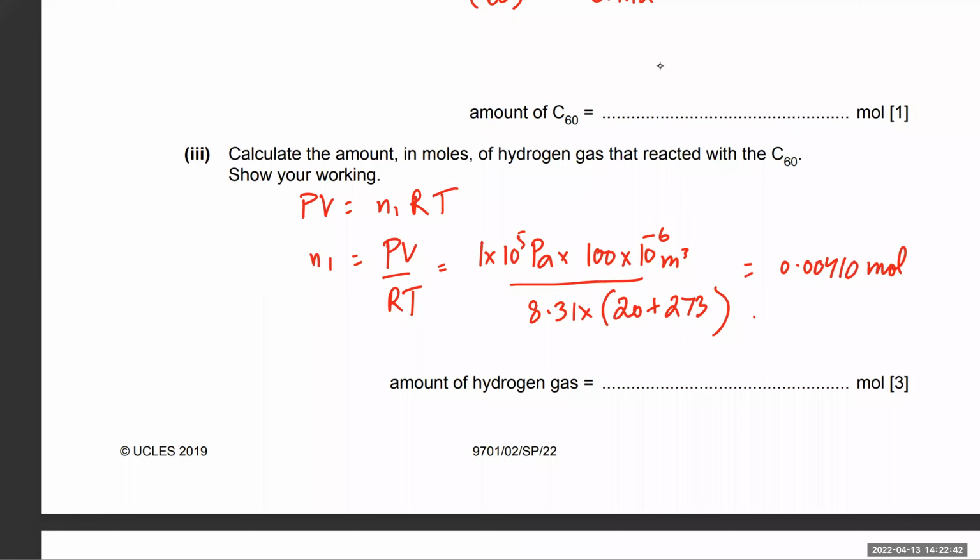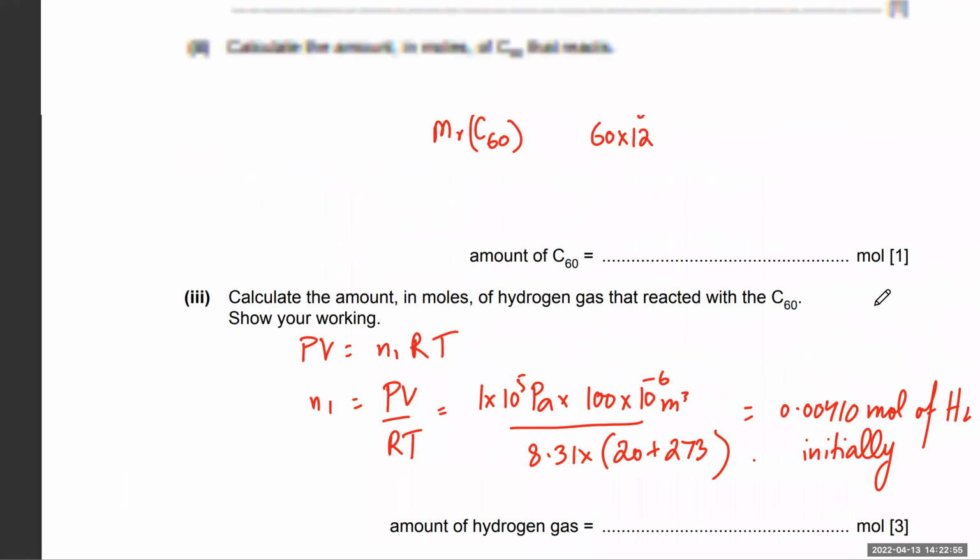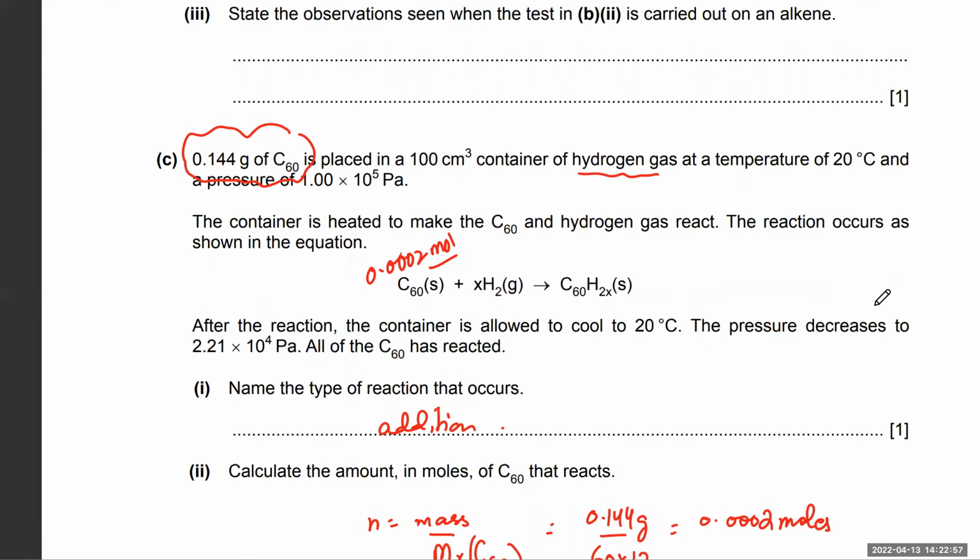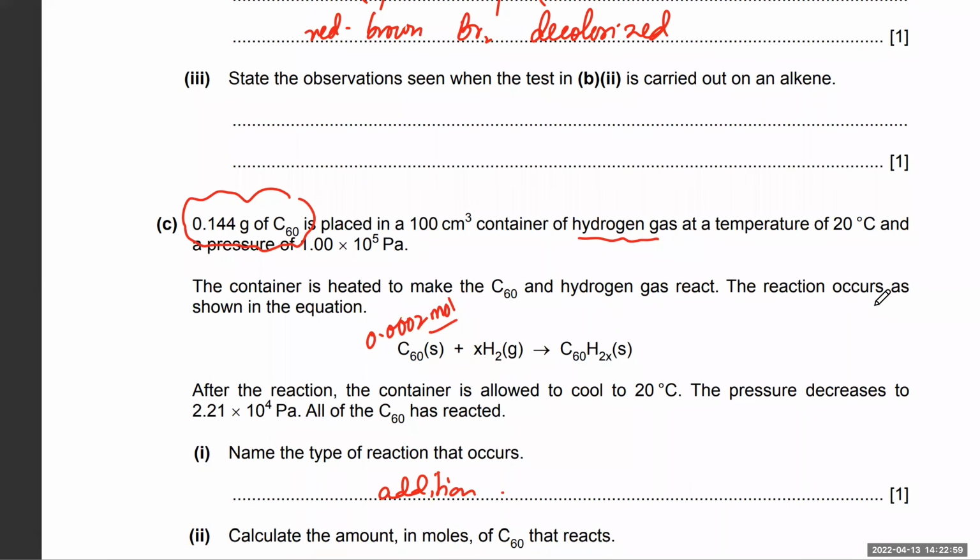But these are the moles of H2 initially present in the container. We have to look at whether these are the moles that are reacting. If we go back, he said the container is allowed to cool to 20.